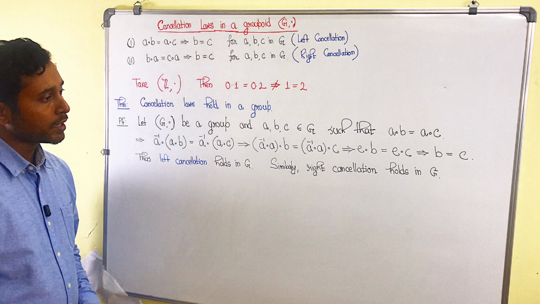Let's call them LA. L stands for the left multiplication by the element A. So it is from G to G, and the rule is that X is being mapped to A compose X. So we define LA, and likewise RA.